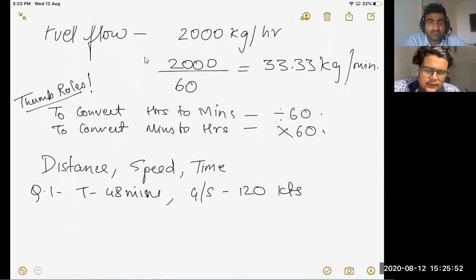Now I'm showing the unit converter. There is distance, speed, temperature, pressure, volume, rate, but how to convert?